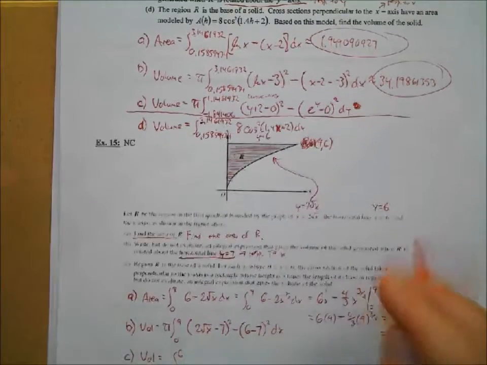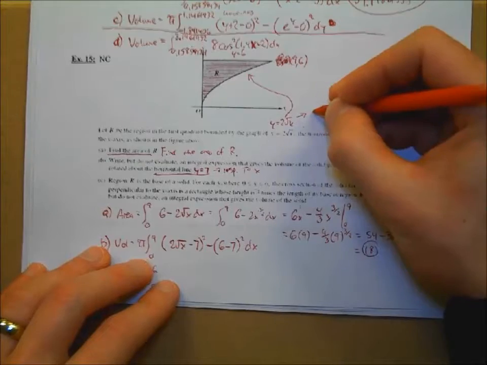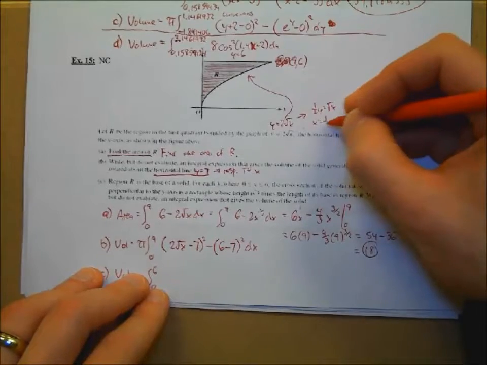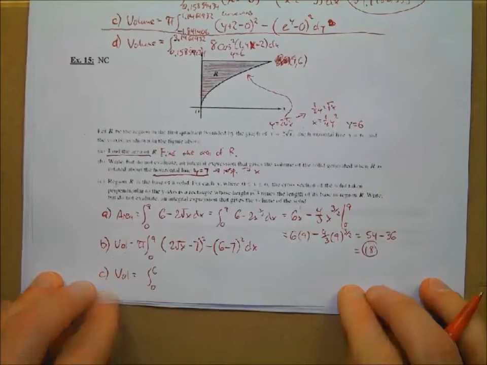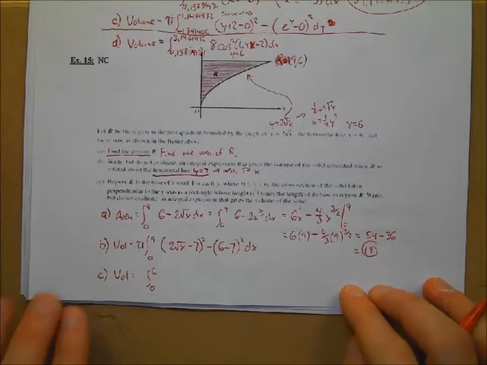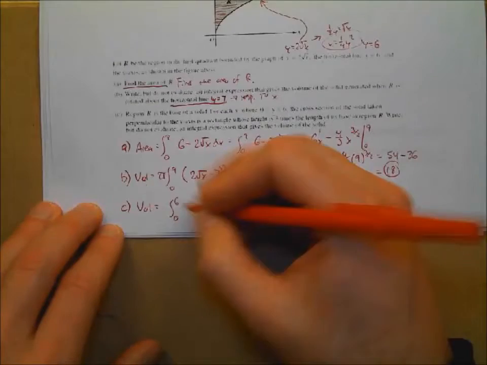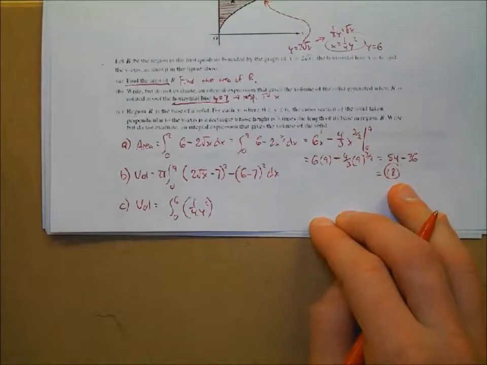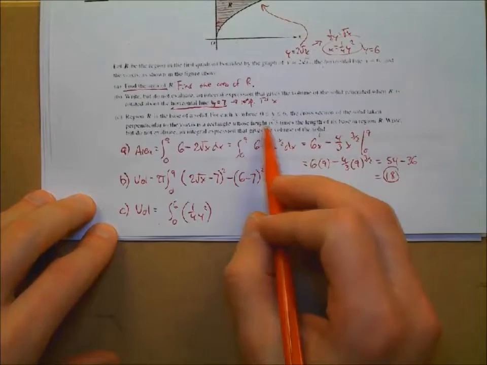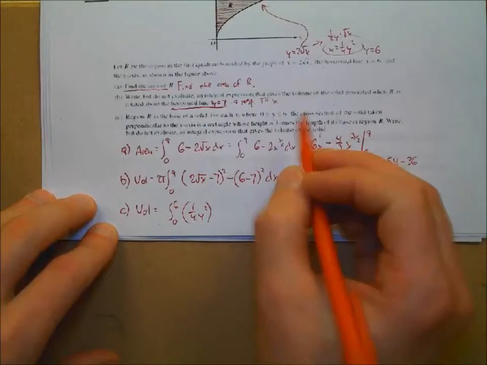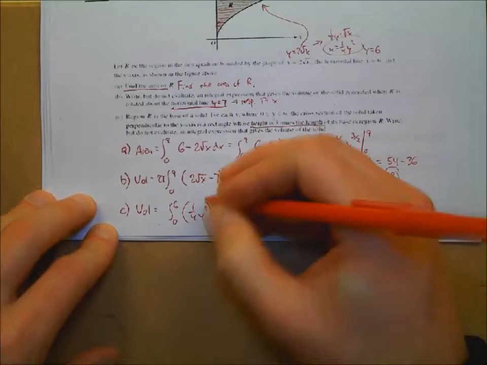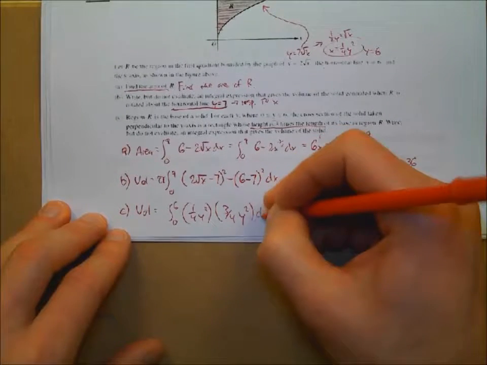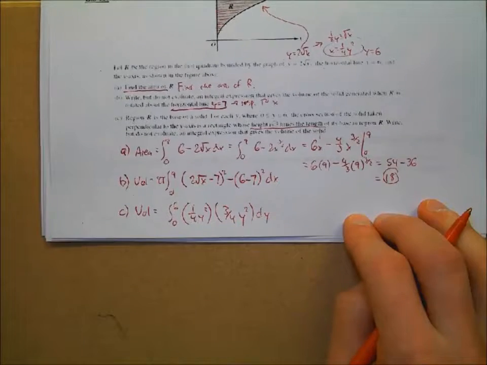But that's in terms of x, so we want to rewrite it: 1/2 y equals the square root of x, so squaring both sides, x equals 1/4 y squared. That's the curve we'll use, and it determines the side of the rectangle. Then the height is 3 times the length of its base, so the height will be 3/4 y squared.